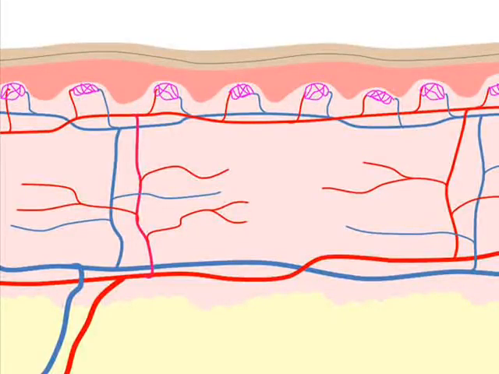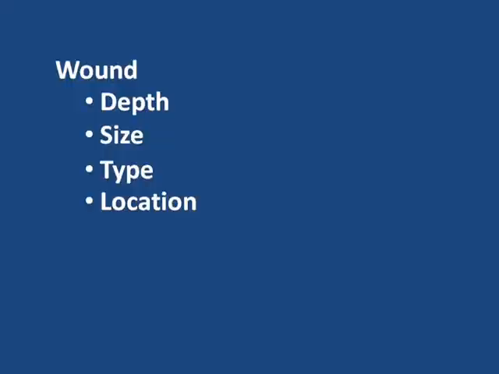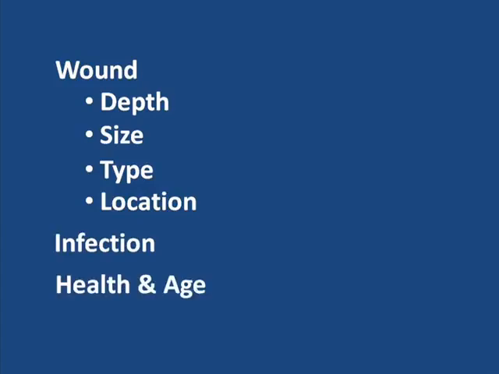In this video, we'll look at just one example of a skin injury, but injuries are unique, and the healing process for those injuries varies depending on a number of factors, including the depth, size, type, and location of the wound, the presence and duration of infection, and the health and age of the person injured.